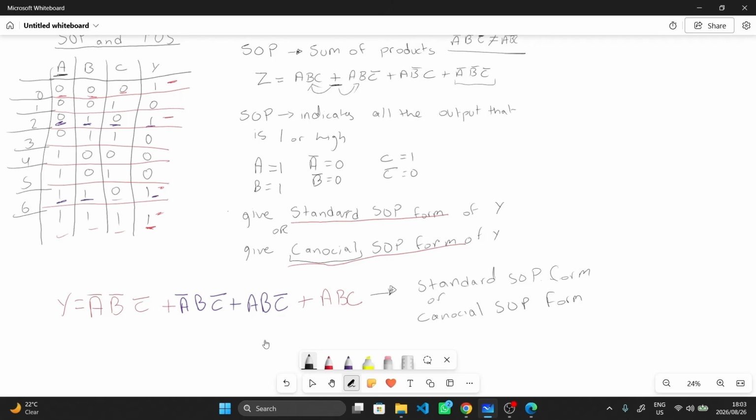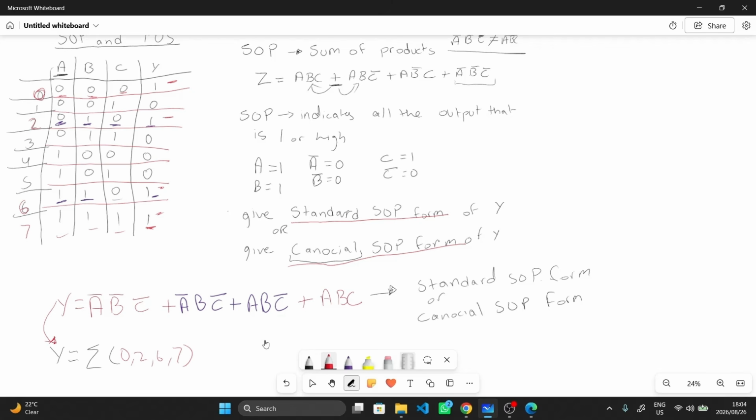So we can also express Y in a form of sum of, wherever you see 1. So 1 is at 0, 1 is at 2, 1 is at 6, and 1 is at 7. So we write that in numerical order, so 0, 2, 6, and 7, right? So this equation can also be expressed like this.